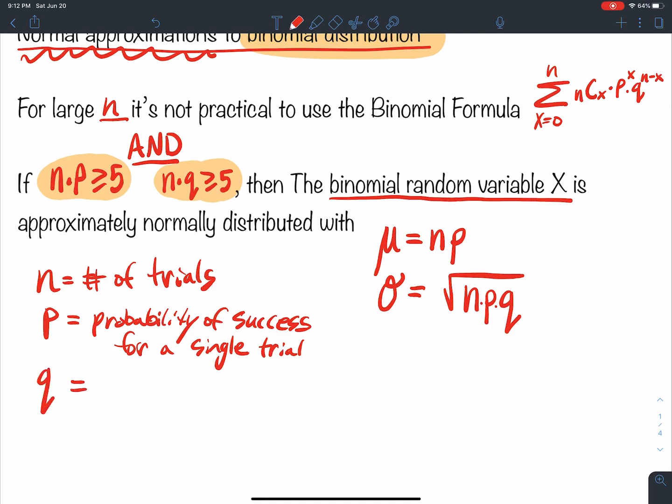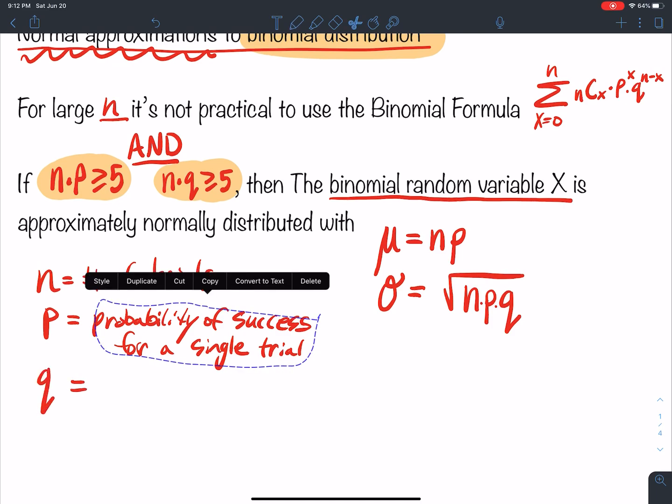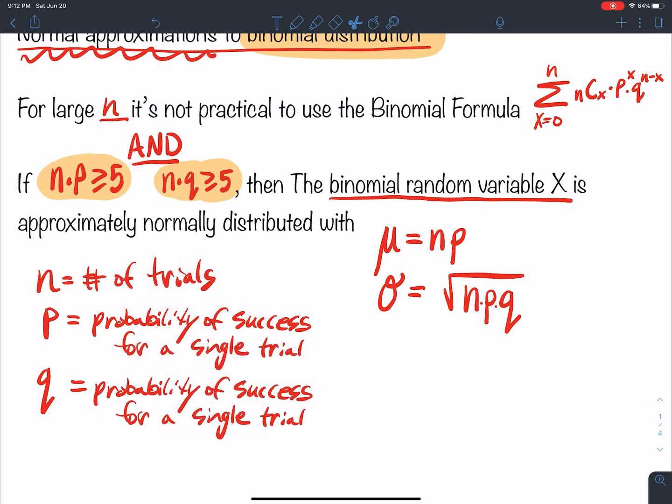Q is the probability of failure of a single trial. Okay? So probability of success, P, probability of failure, Q. Remember, Q is found by doing 1 minus P. It's the complement. There's a 30% chance it's going to rain. That means there's a 70% chance it's not going to rain. Okay? They're the complements of each other.